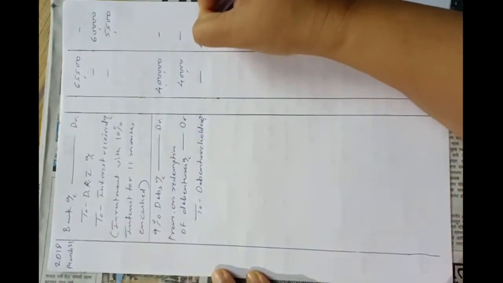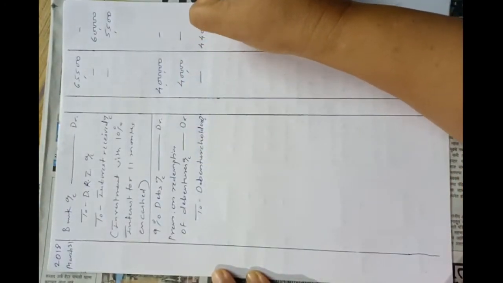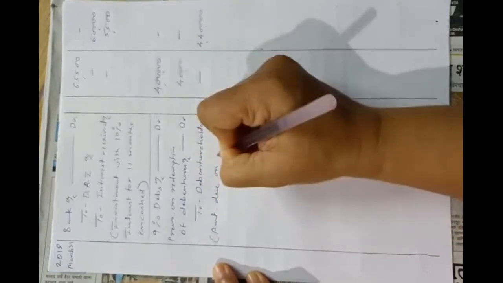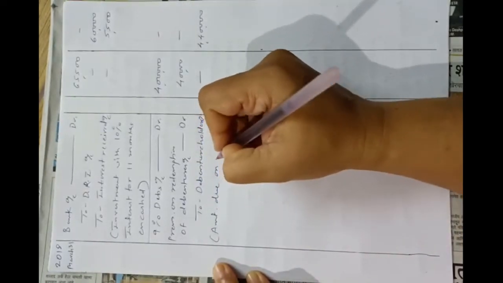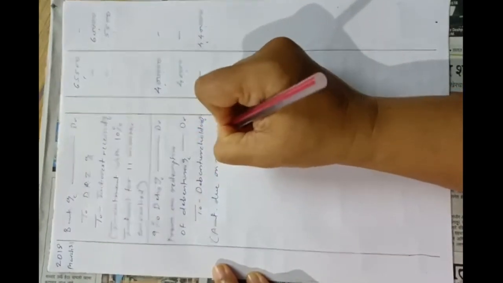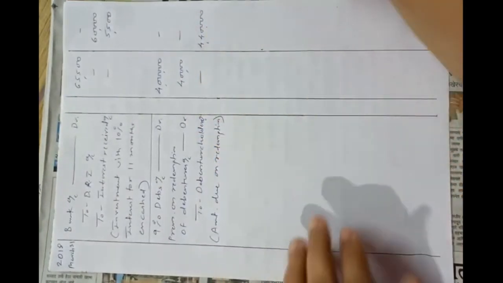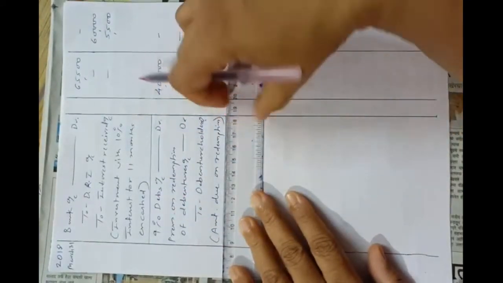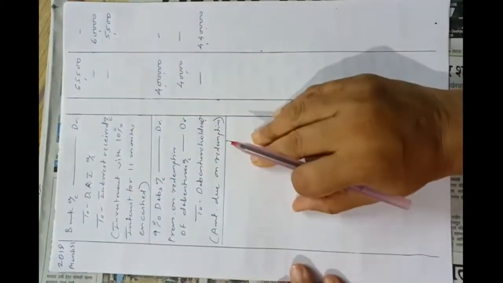Total amount due that is payable is 4,40,000. Okay, so we can also say amount due on redemption or amount due to debenture holders. This is the entry of amount due on redemption.